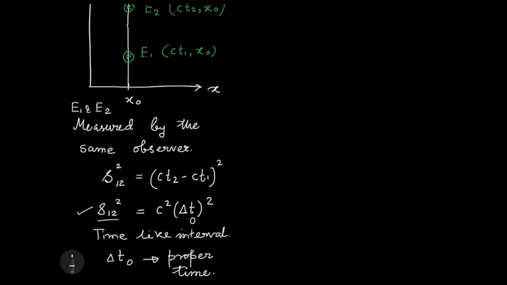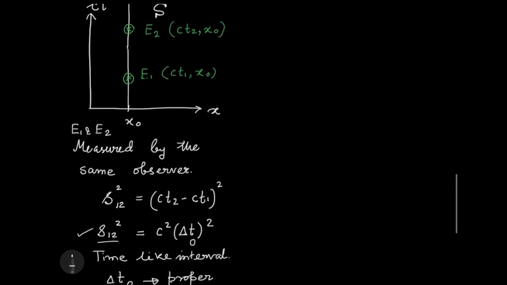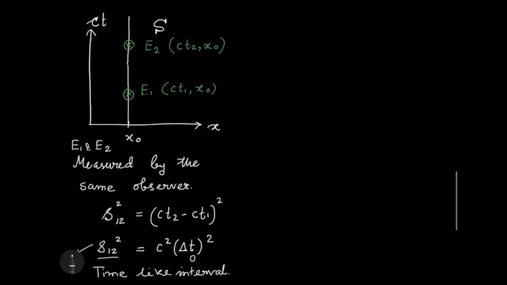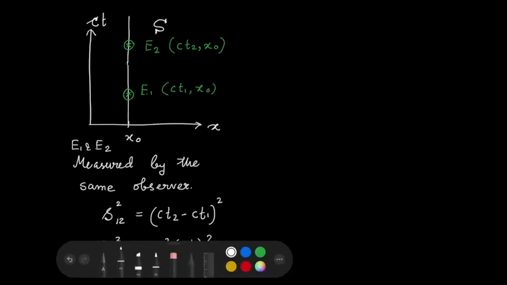So you see, delta t0 and S12, they're essentially the same quantity multiplied by a c squared only. That's why we call it proper time. Proper because it is measured by the same observer. The interval is measured in the same clock by the same observer.